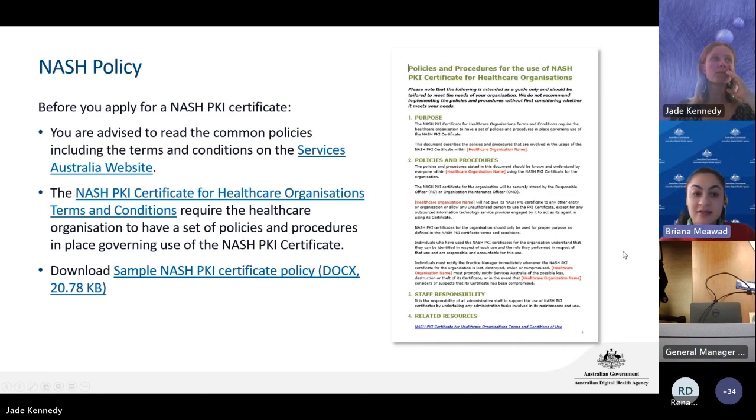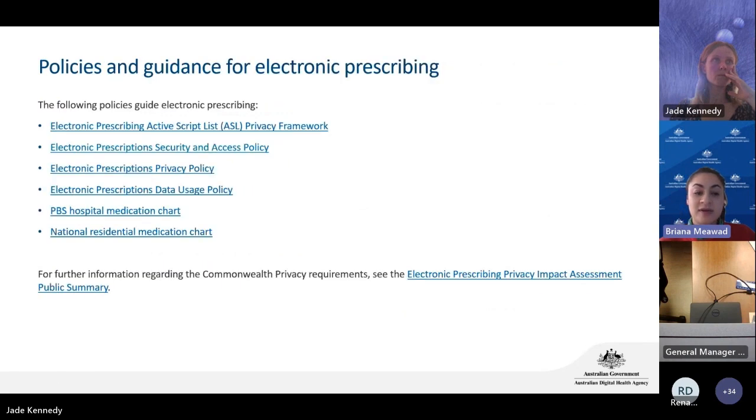Now, another key consideration on the next slide is just around e-prescribing. So again, many of you are using My Health Record in conjunction with electronic prescribing, or you offer electronic prescribing at your practice. And there are a few useful guides to help you when it comes to ensuring that you're complying with your requirements for using this tool.